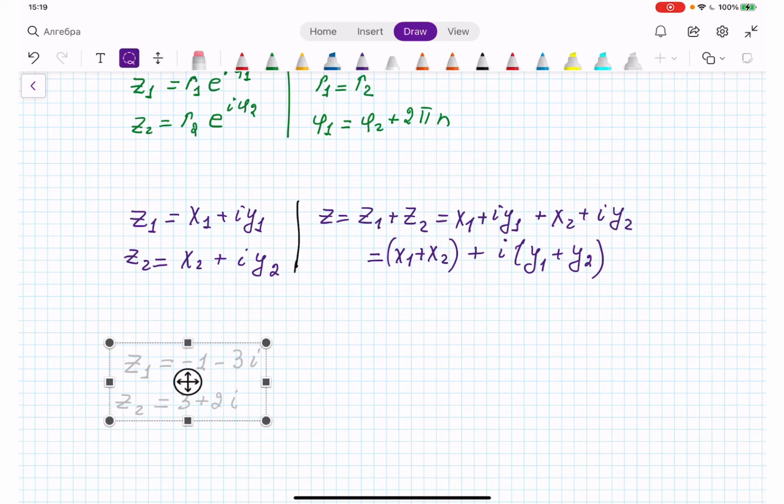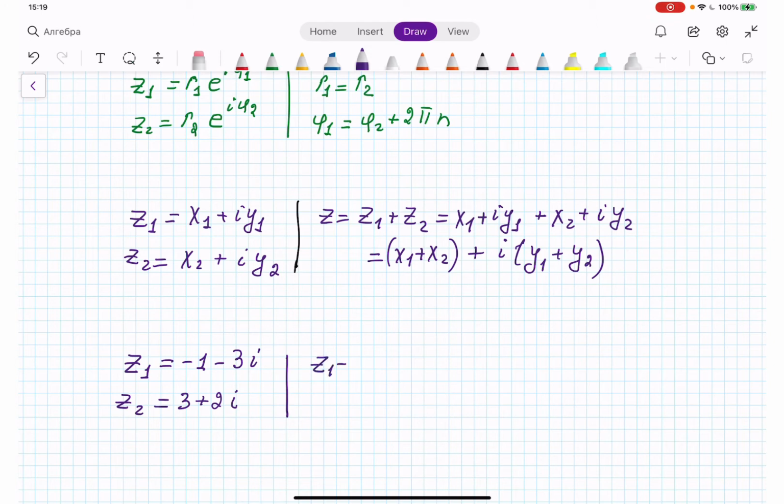Okay, so z1 plus z2, first we are adding the real portion of these complex numbers, which is going to be -1 plus 3.